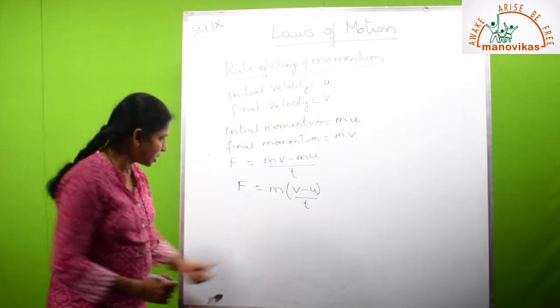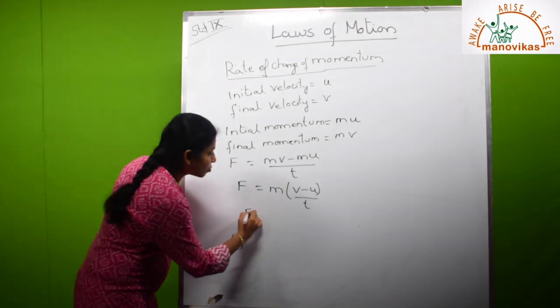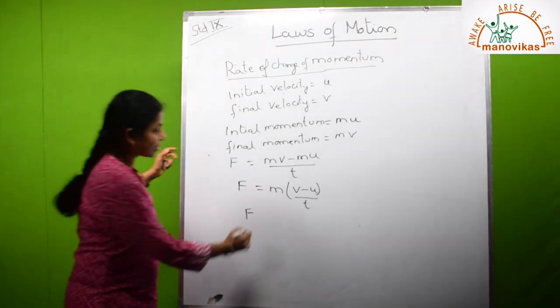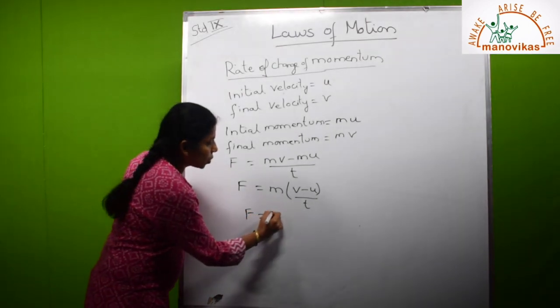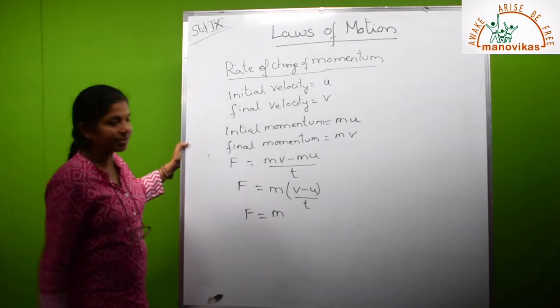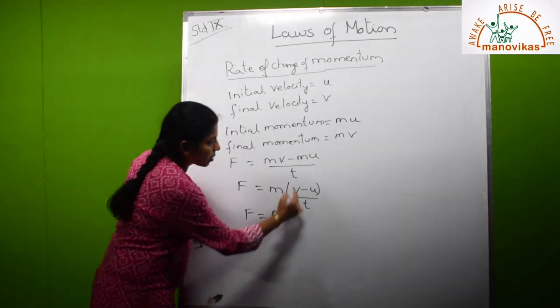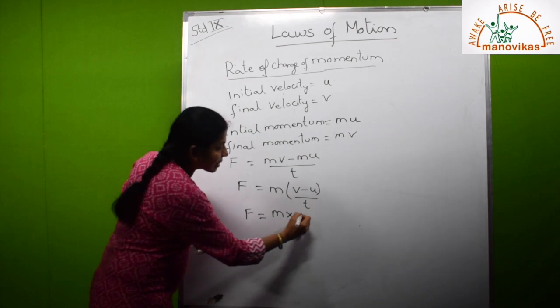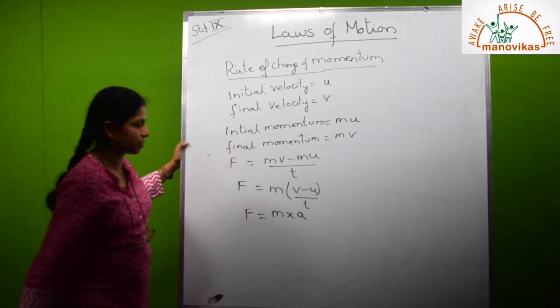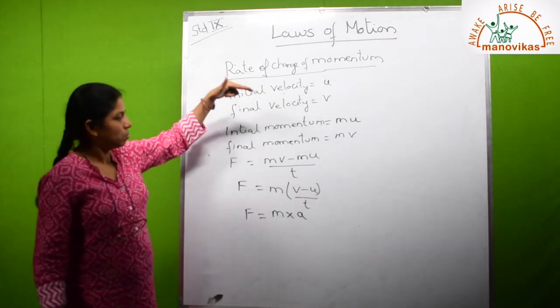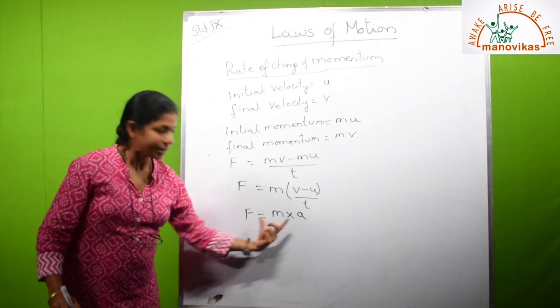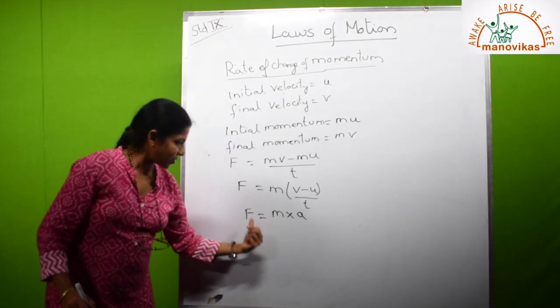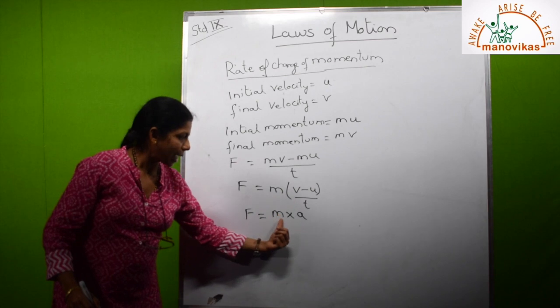So I can write it in terms of acceleration: force is equal to the product of mass and (v minus u) upon t, which is a, the acceleration. So from momentum we are able to get this equation, that is F is equal to ma.